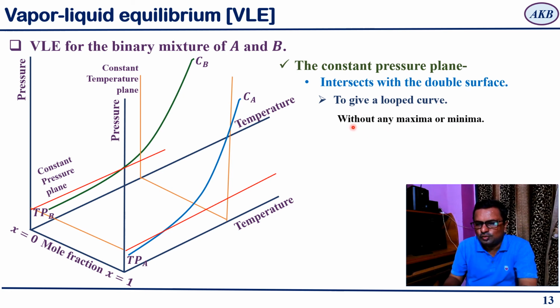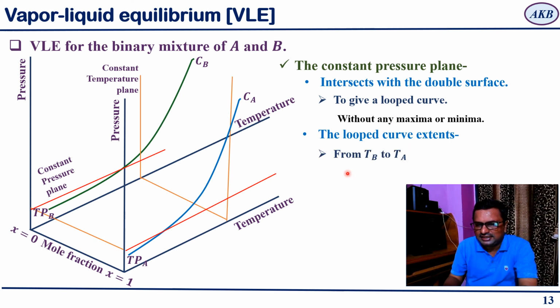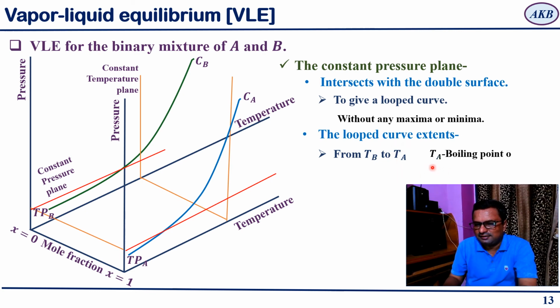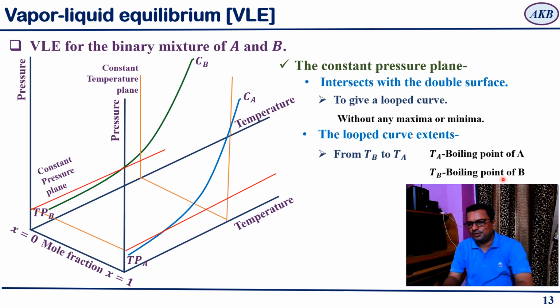This is a loop curve without any maxima or minima. And this loop curve extends from the boiling point of B to the boiling point of A. It extends from TB, which is the boiling point of B, to TA, the boiling point of A. I have already told you TA is the boiling point of A and TB is the boiling point of B.